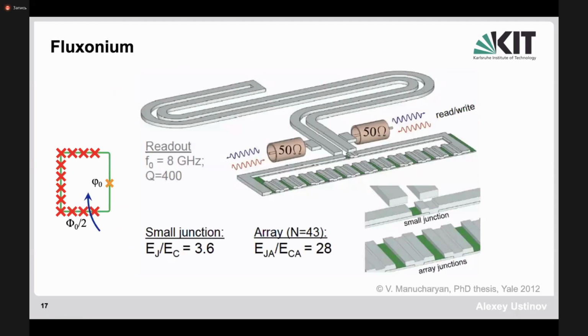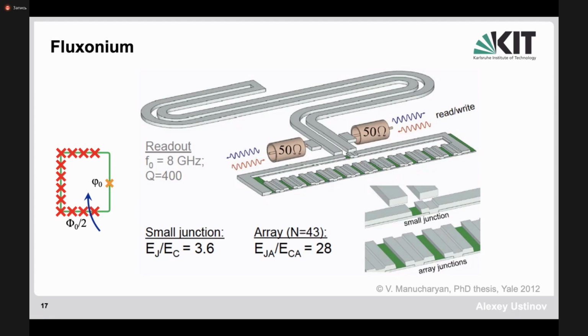Now let's talk specifically about fluxonium. I told you that fluxonium is a device which contains basically a small Josephson junction, something which is known from the charge qubit, or a slightly larger junction than the charge qubit, but the junction is shunted by a large inductance.